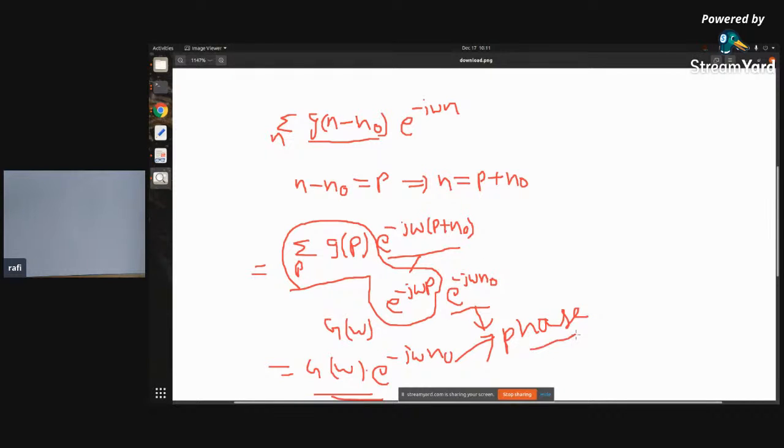So this is some phase term that will get multiplied with this one. So the delay corresponds to a phase shift.